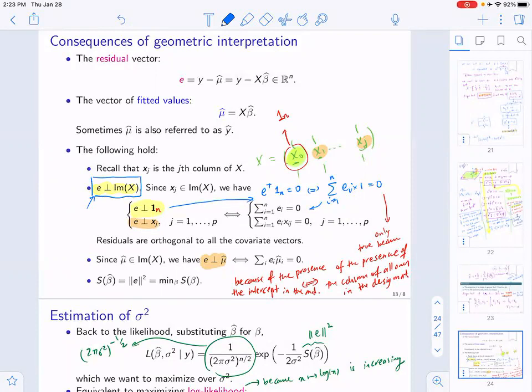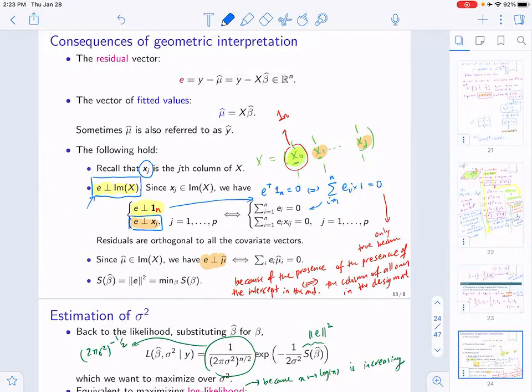This geometric interpretation is very helpful because it has some consequences. This is saying E is going to be orthogonal to anything in the image. In particular, any column of X, so if Xj is the jth column of X, is in the image by definition. So E is going to be orthogonal to all the columns of X, the design matrix.